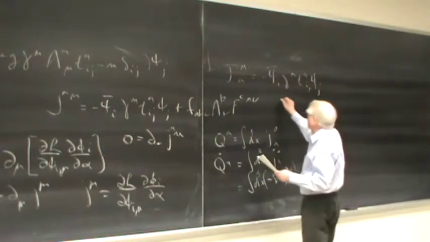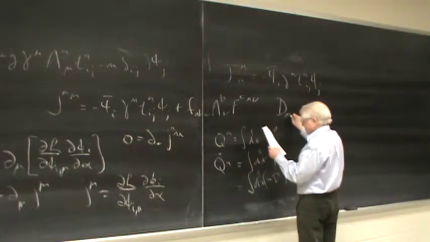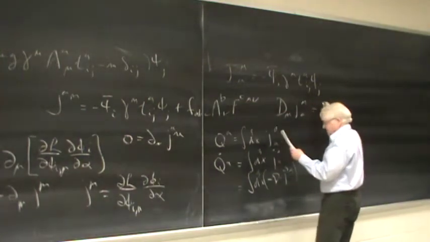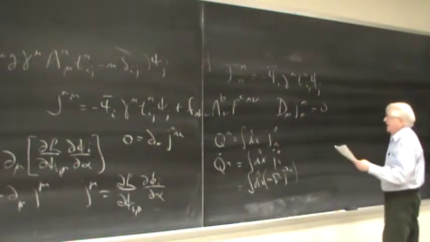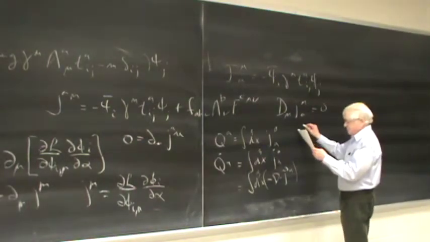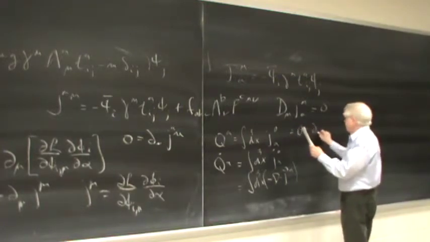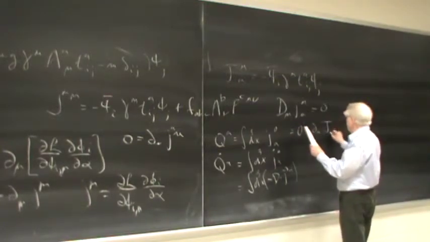And moreover, it satisfies this equation: d mu J mu A is 0. And in particular, the thing that's 0 is equal to G mu J A nu.